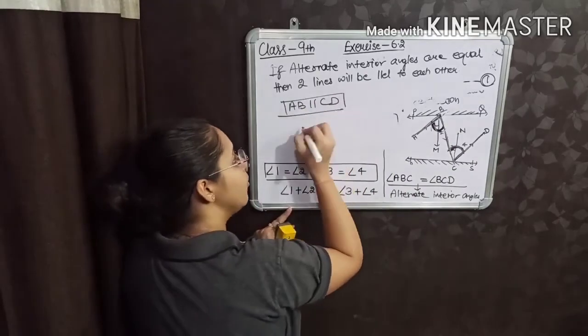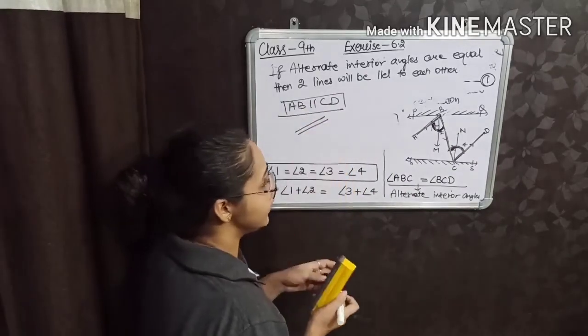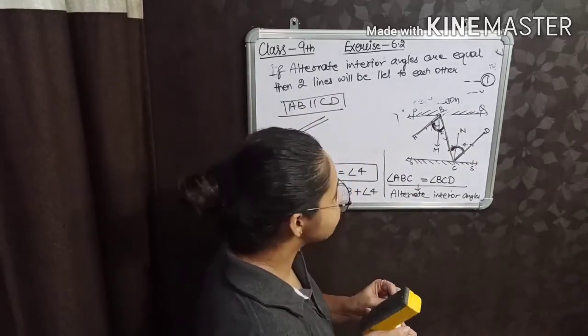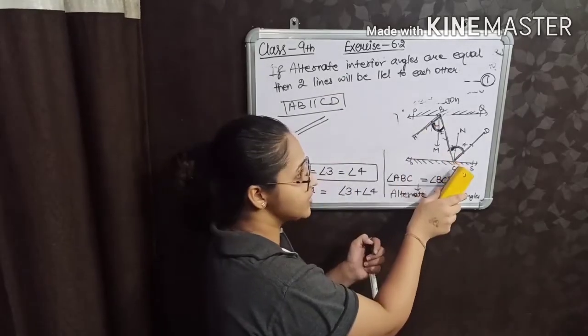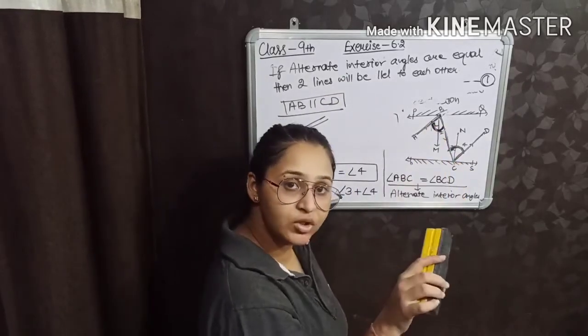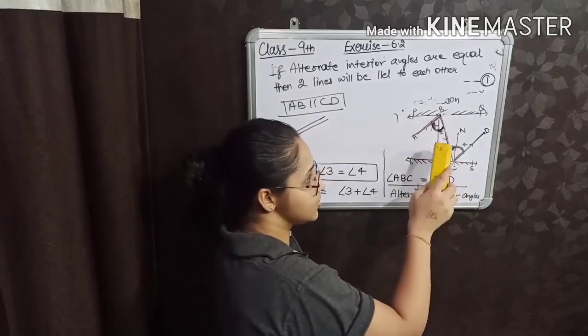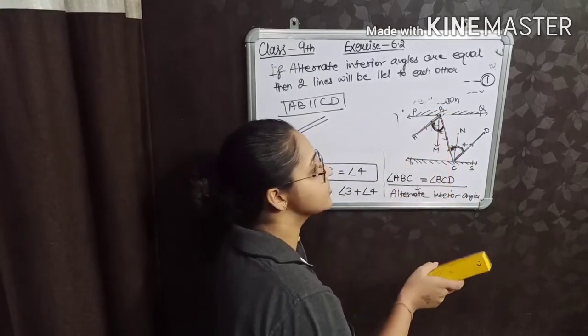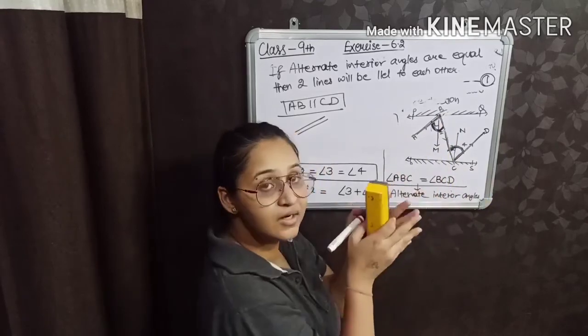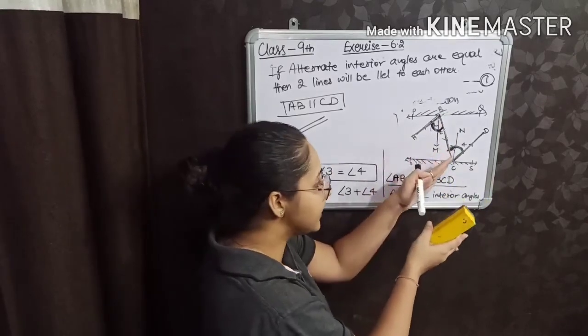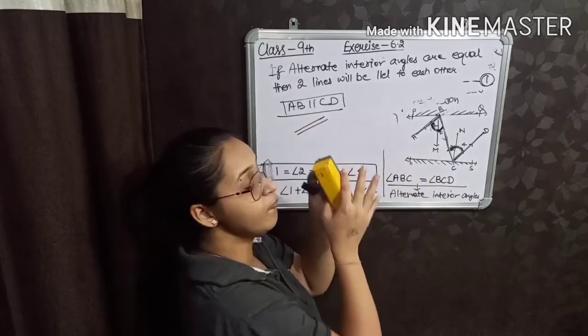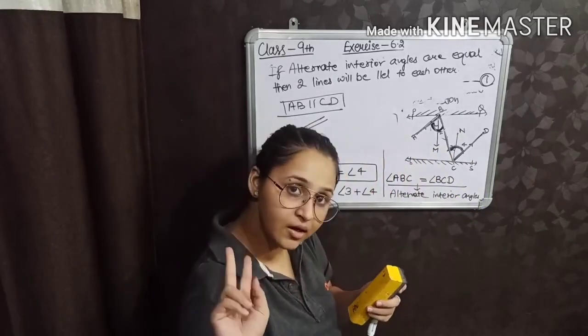This is our proof. First we applied the laws of reflection: incident angle is equal to reflected angle. Then I did some construction, and with the help of the construction I found the relation between these four angles, and finally I have proved that these two lines are parallel.